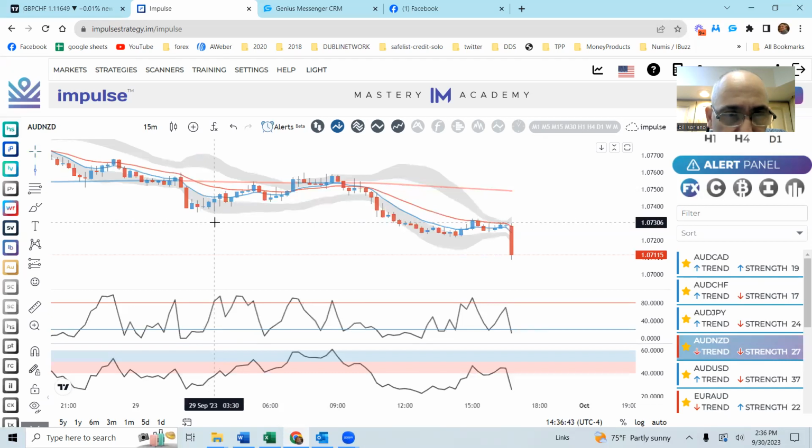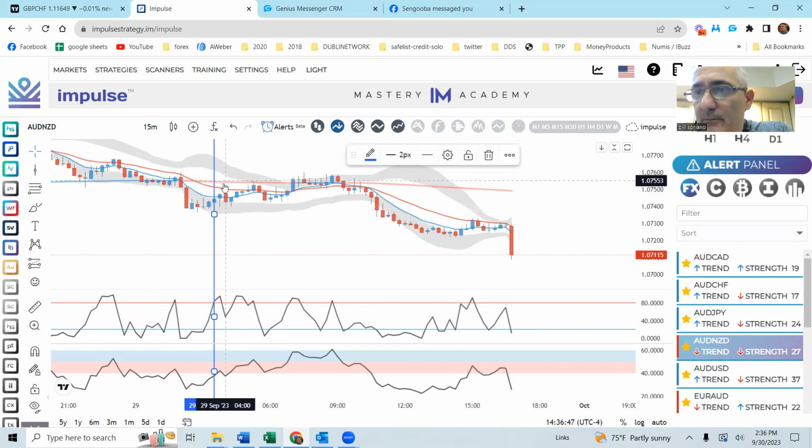Basically right here, as early as right here, we have the primary trend bearish, right? We have the secondary trend bearish because the red line is above the blue line. We now have the stochastic bearish because price is above the red line. And down here, our momentum indicator is in the red as well. So that's bearish as well.